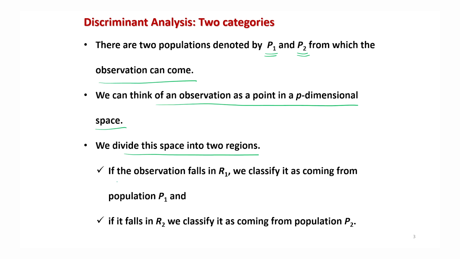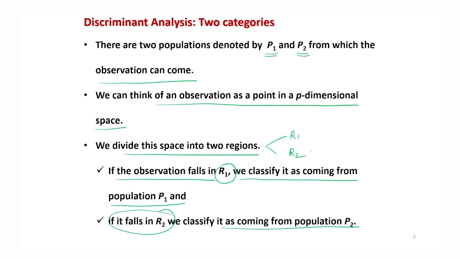If the observation falls in the region R1, we classify it as coming from population P1. If it falls in the region R2, we classify it as coming from population P2. So the space is divided into two mutually exclusive regions, R1 and R2, and the observation has to belong either to R1 or to R2.